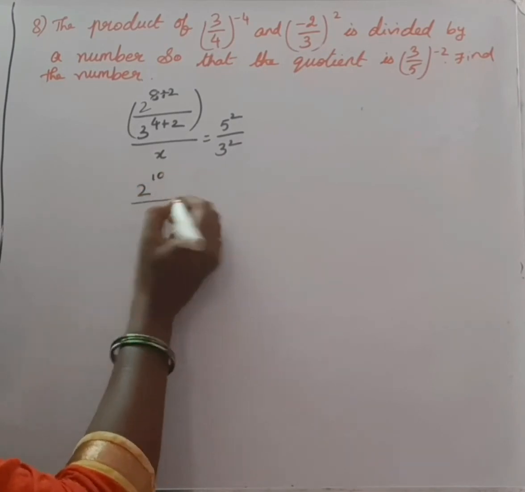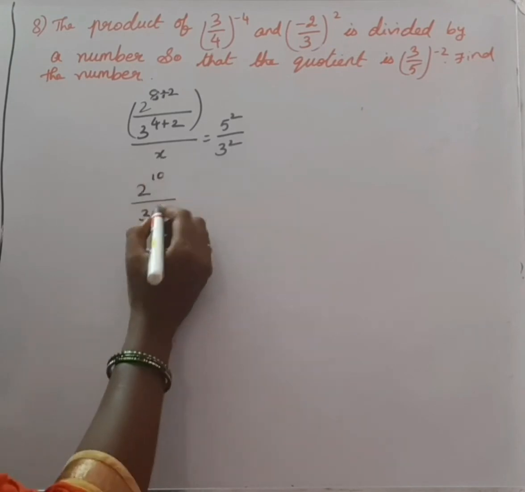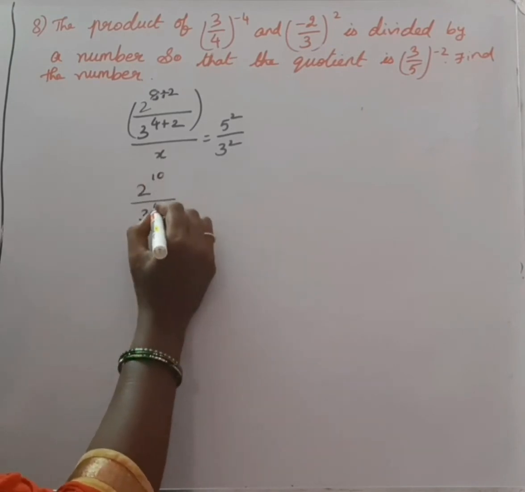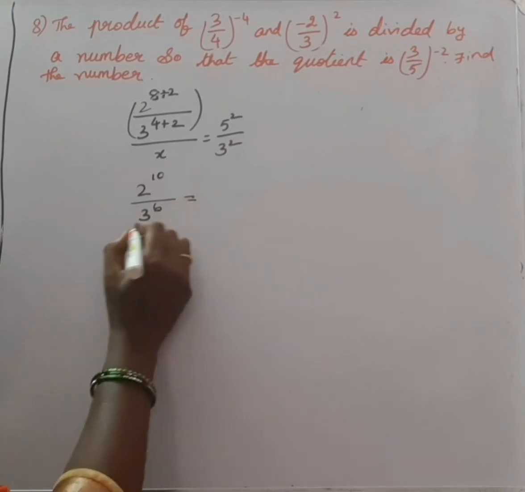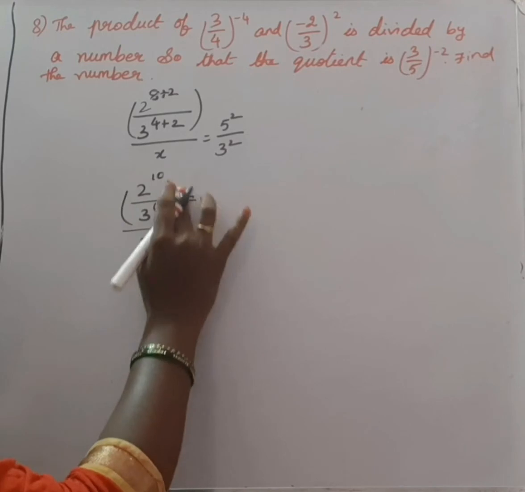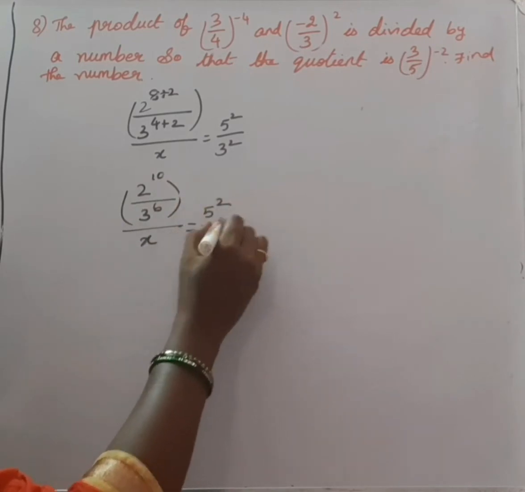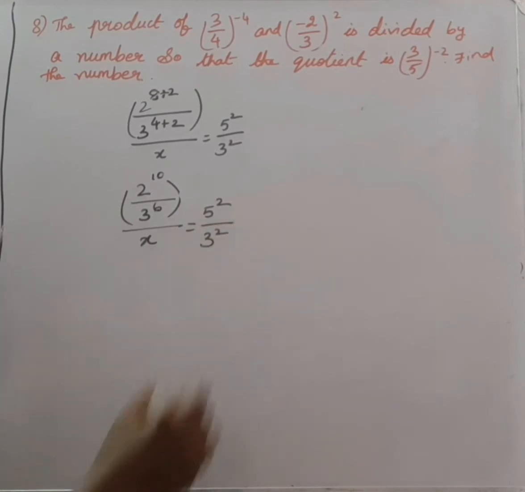So 2 power 10 divided by 3 power 4 plus 2, which is 6, divided by x is equal to 5 power 2 divided by 3 power 2.